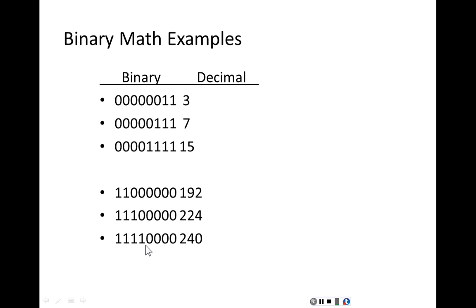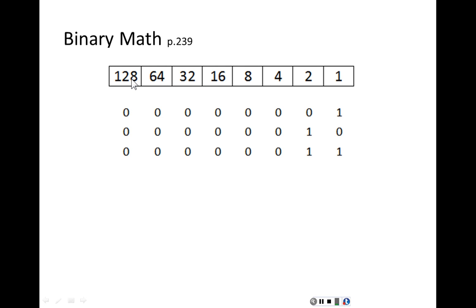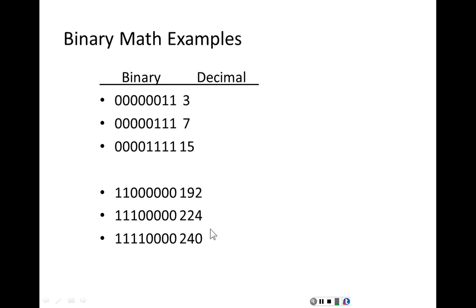And then 4 ones followed by 4 zeros is equal to 240, because that's 128 plus 64 plus 32 plus 16. So notice, 4 zeros followed by 4 ones, these are 4 lower order bits, and 4 lower order bits equals 15, whereas 4 high order bits is equal to 240.